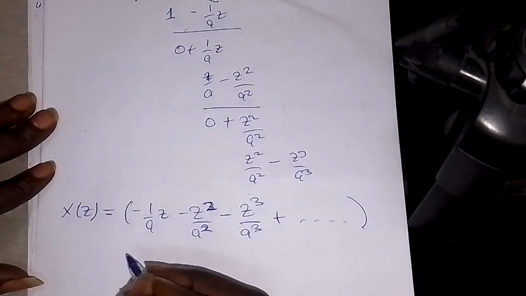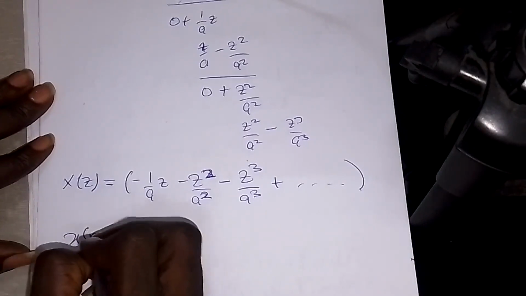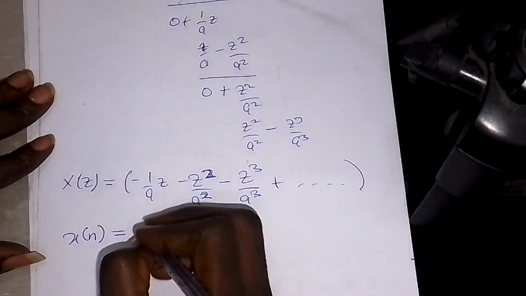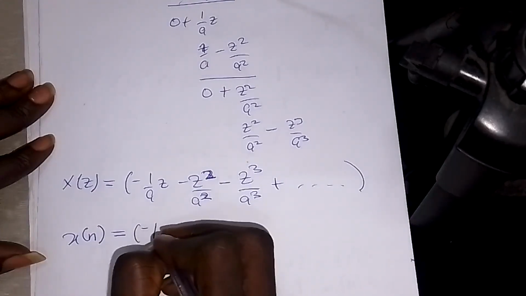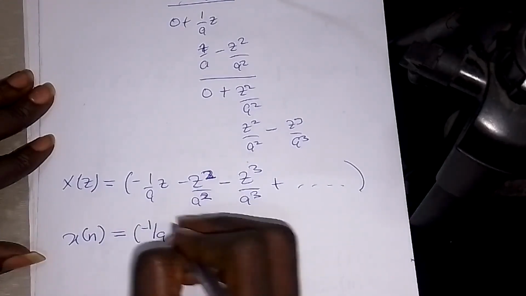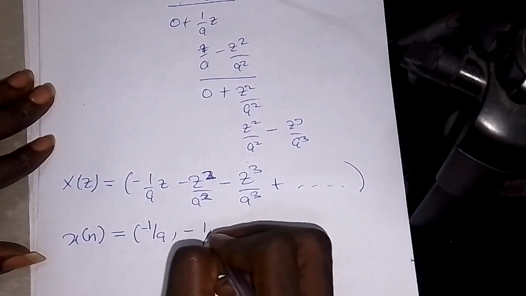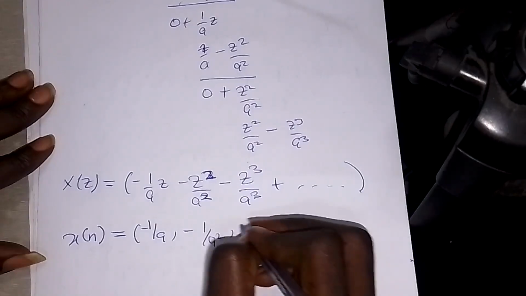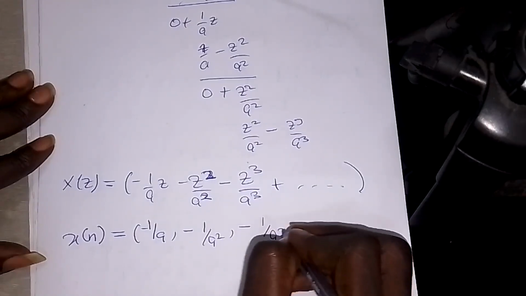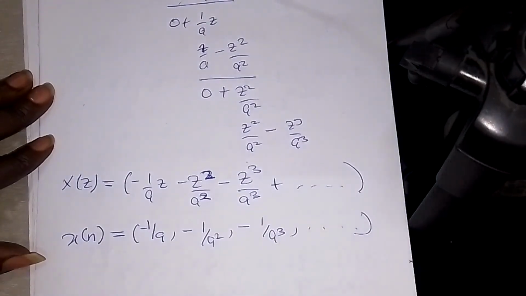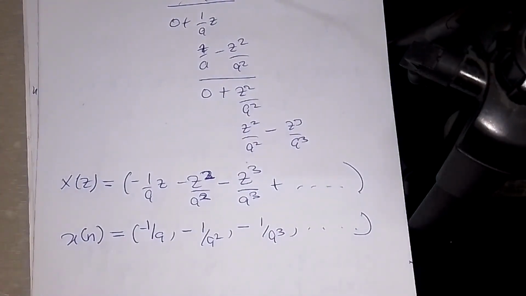So now my x of n is going to be equal to minus 1 over a, minus 1 over a squared, minus 1 over a cube, and then it goes on and on to infinity. Okay, so this is the power series, the long division method.